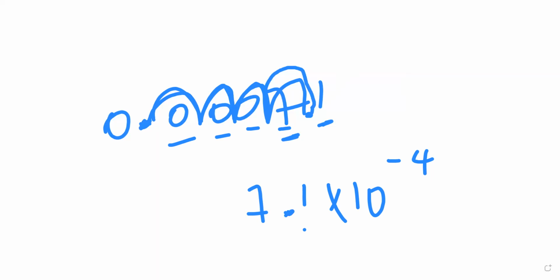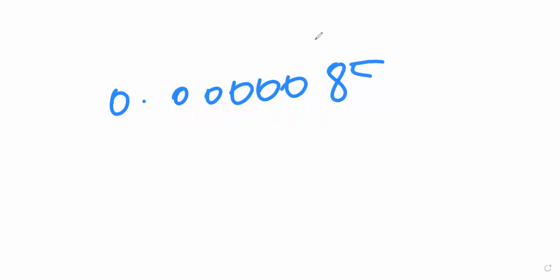Let's look at another one. If I have 0.000008517, and I say, represent this decimal in standard form. All I do is take my decimal place and move it 2, 3, 4, 5, 6, stop right there. I could not leave it there because my decimal should not be between 0 and a non-zero number.